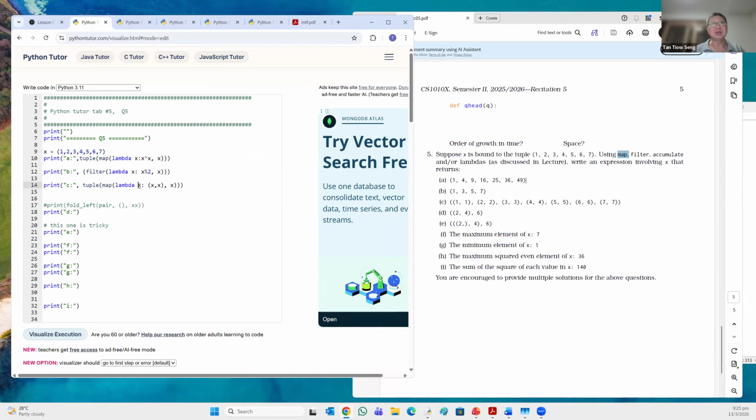This X and this X are different X, right? This is intentional. This can be I and I, without changing this, it has to be X. X is this one. Okay, that is C.